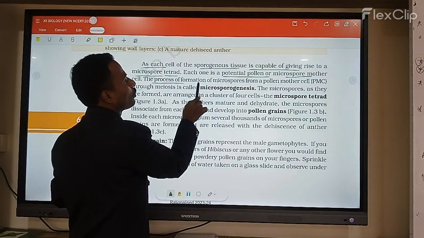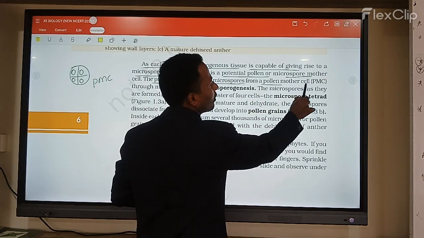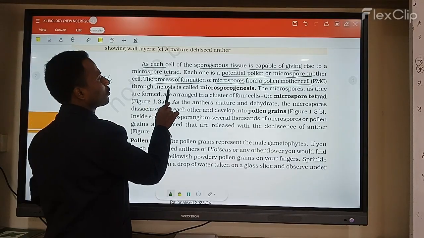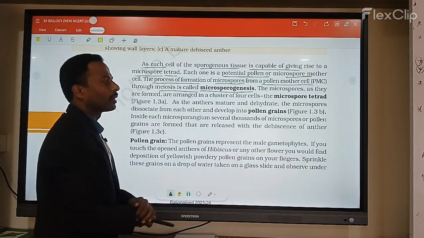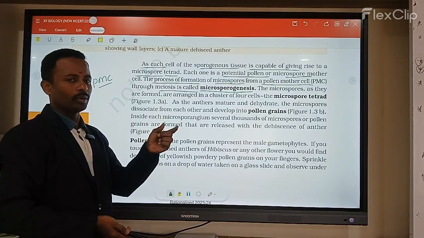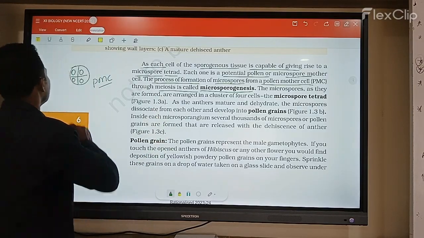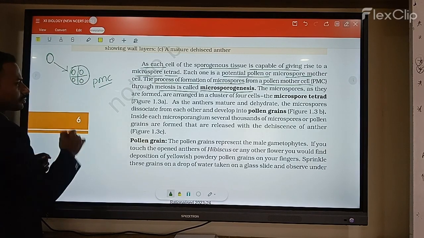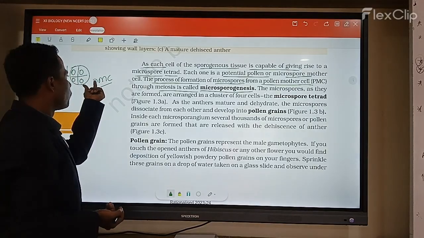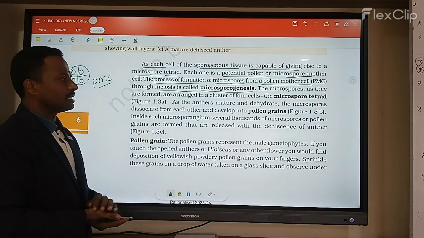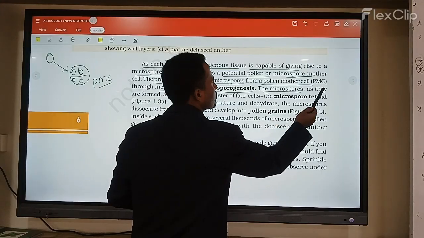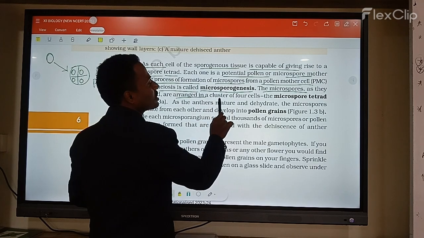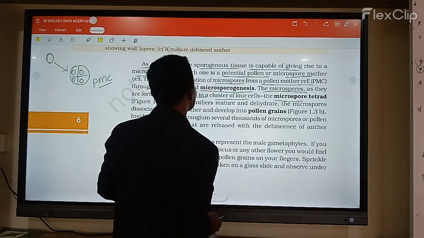In the process of formation of the microspores, the pollen mother cell, PMC, through meiosis, is called microsporogenesis. Microsporogenesis means giving birth to microspores. The microspores formed are arranged in a cluster of 4 cells, that is, a microspore tetrad.